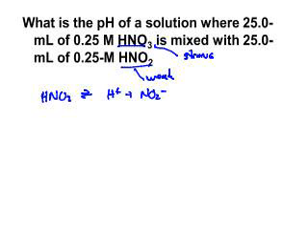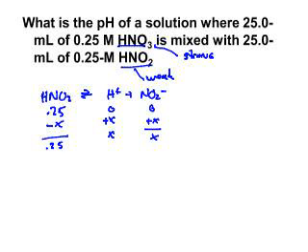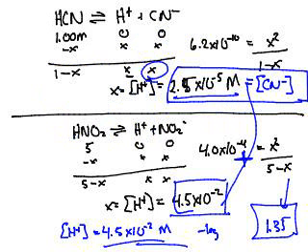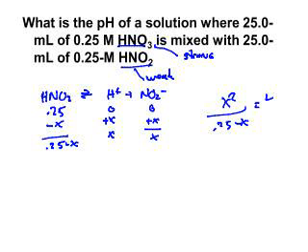The ICE table has 0.25 minus X, plus X, plus X. So you're going to have X squared over 0.25 minus X equal to Ka, which was a pretty big one, 4.0 times 10 to the minus 4.